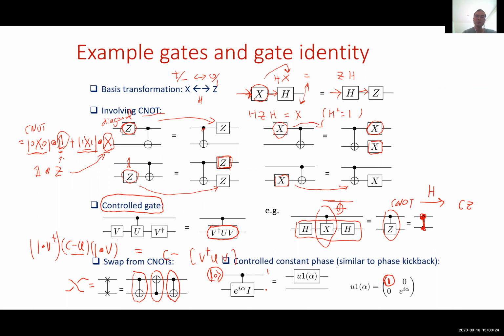If the first bit is 1, this e to the i alpha is applied. But I can put a phase back to that. It's really similar to the phase kickback that you have seen. So if it's 1, meaning this block, I have a phase e to the i alpha. So this is also a useful circuit identity.